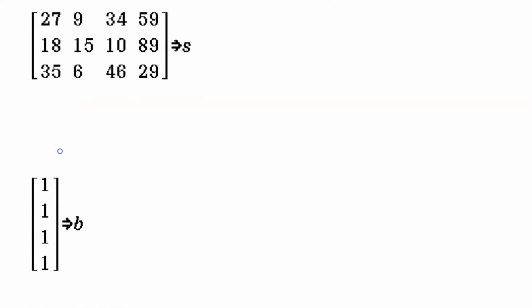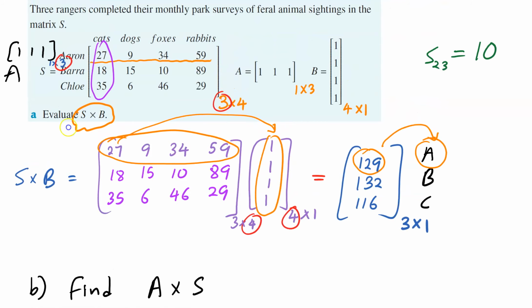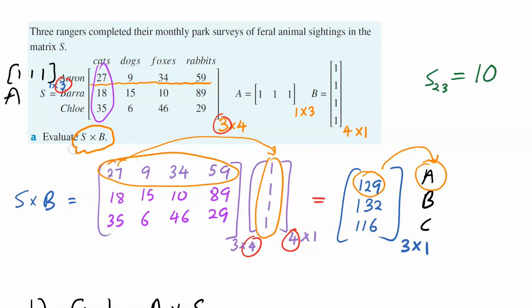I do hope this is clear, but just to wrap up, what we have to remember is the order of the multiplication here, whether you multiply S by B, or A by S, or B by S, depending on the order of each matrix.